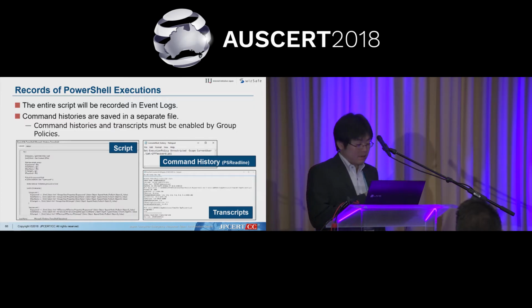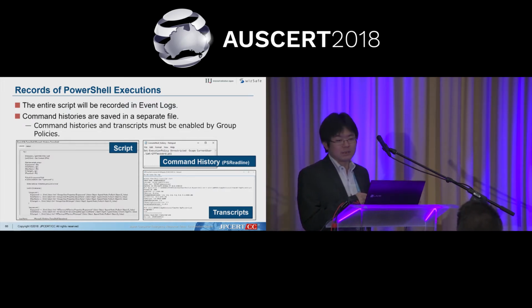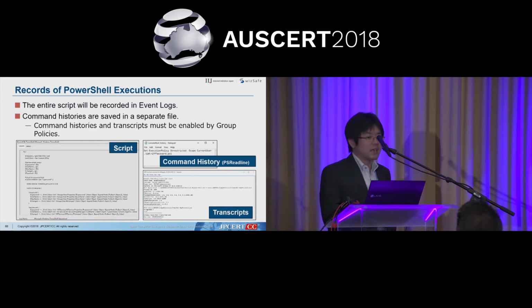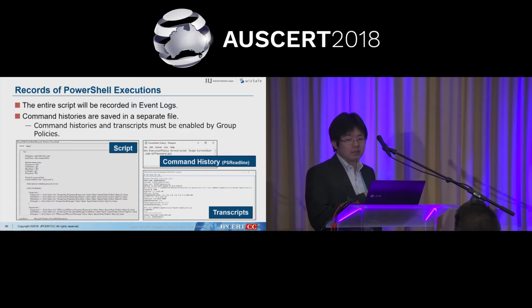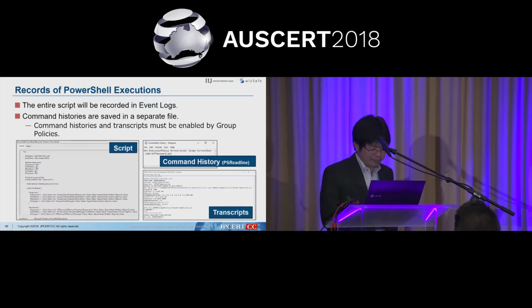If you enable the command history, there are two types of text logs for PowerShell. One is the command history, the list of the commands executed in PowerShell, and the other is a transcript, which is the commands and output on the terminal.